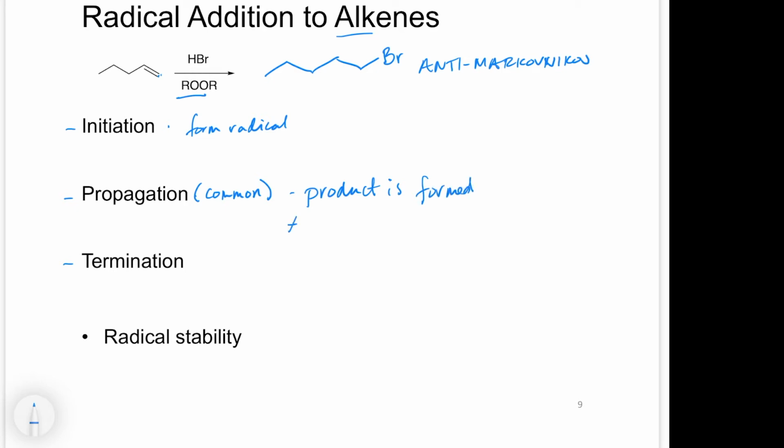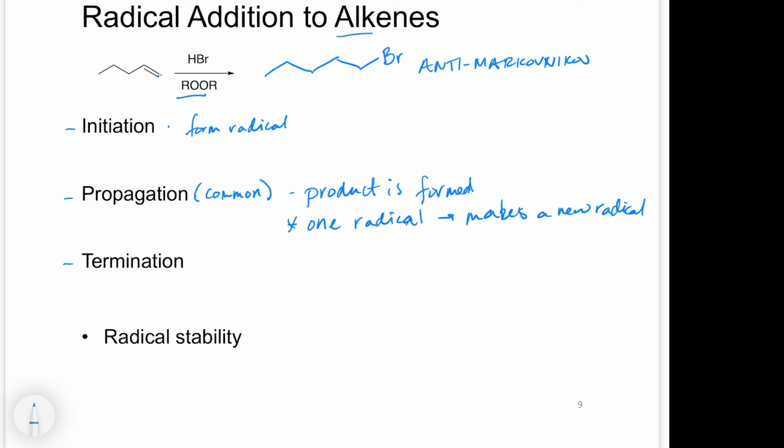And the key here is that one radical then makes a new radical. When we draw this out, you'll see what I mean by this. And termination, this is when we essentially take two radicals and then we get rid of all the radicals, okay?